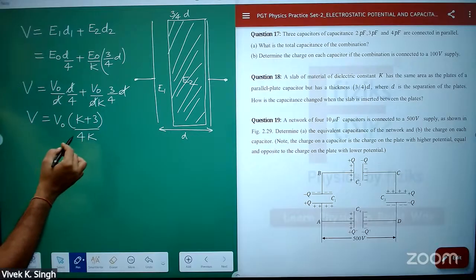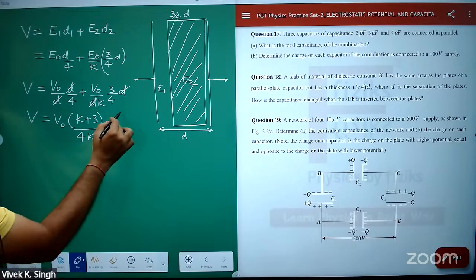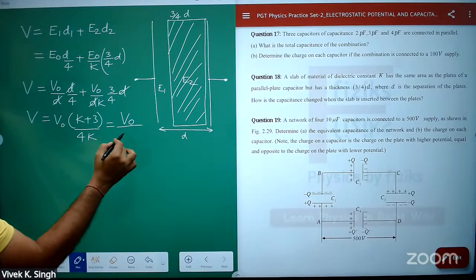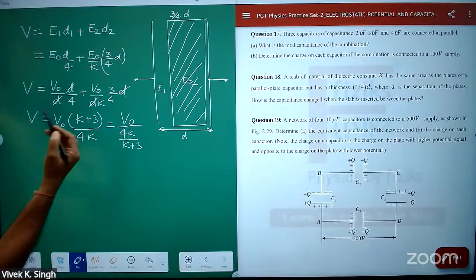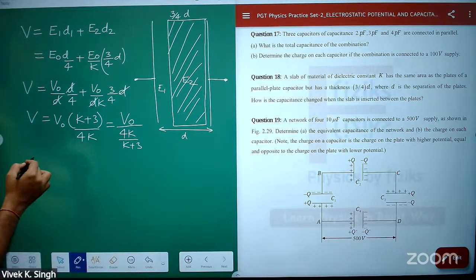So in this case, the potential decreases by the factor 4k by k plus 3. But the charge on the capacitor remains the same. So what will be C?